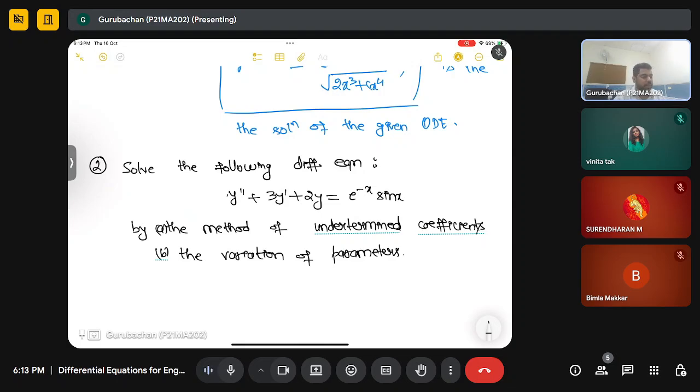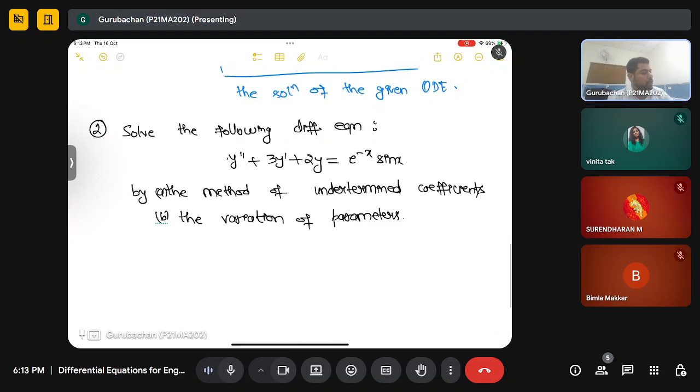This is a second order constant coefficient ODE, non-homogeneous. You have to find the particular integral with the help of the method of undetermined coefficients or variation of parameters. Till the homogeneous solution, the things will remain the same, but while finding the particular integral, the method will change.